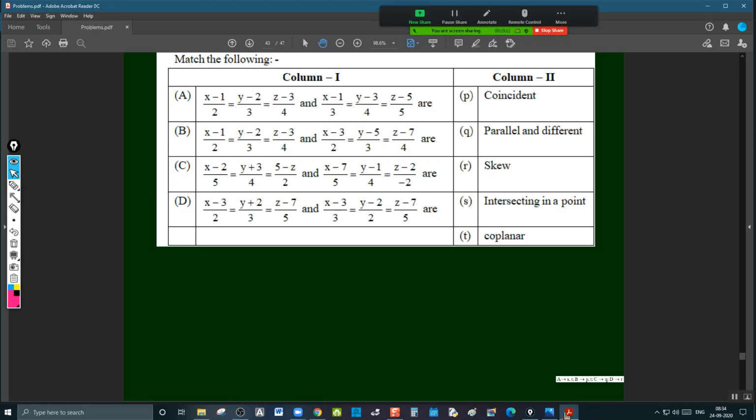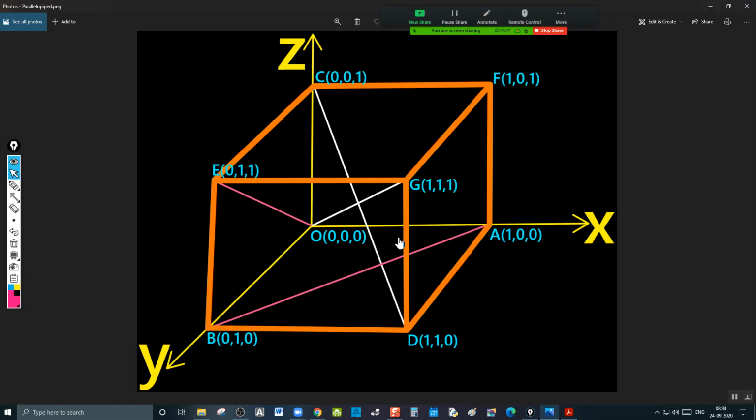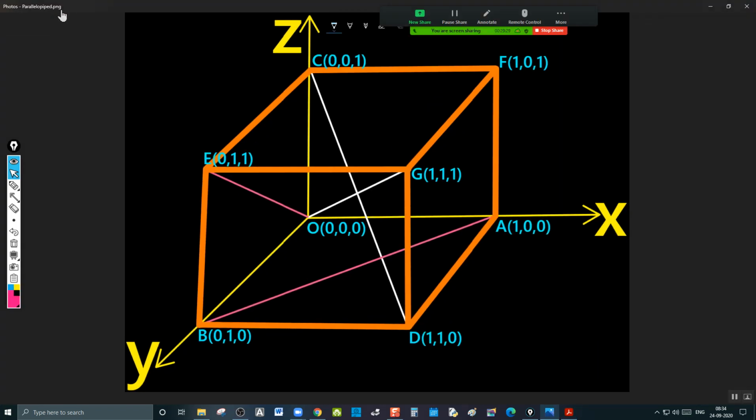So if you check out this diagram, what we need is, you take one body diagonal, OG. Let us take it, it is comfortable for us.